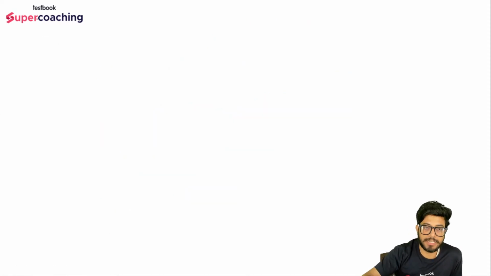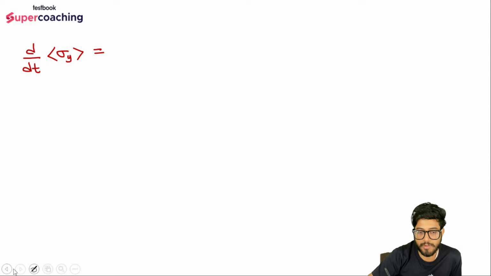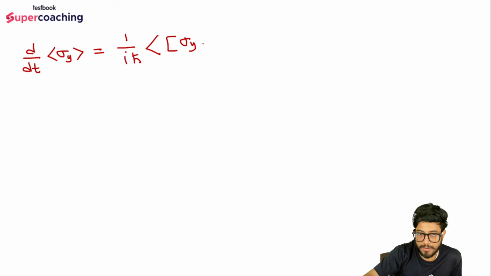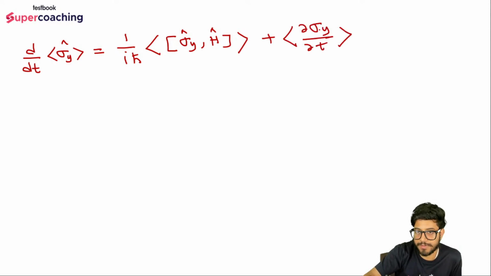Good. Then d/dt of the expectation value of sigma y, that should be equal to what? 1 by iħ expectation of the commutator sigma y comma H, plus the expectation of the partial derivative of sigma y with respect to t.